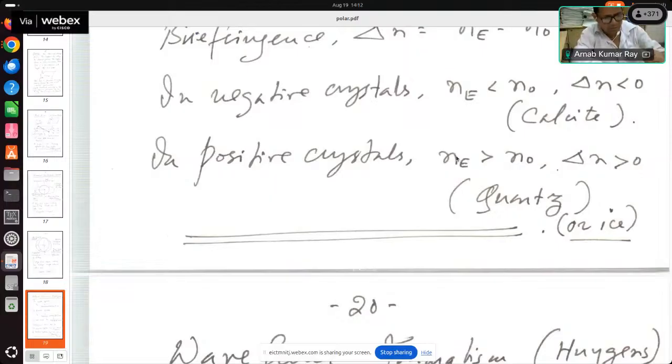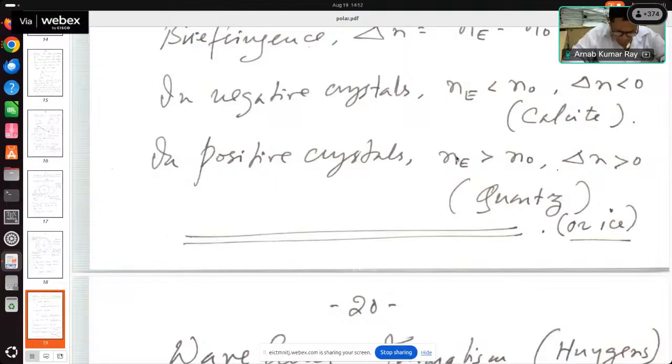I just gave you the basic hint, but of course, I have not been able to work out the Maxwell boundary conditions. But in Jenkins and White's book, there is a reference to P. Drude's book, Theory of Optics, where apparently the full mathematical treatment has been provided. Anyway, that was the first question. I hope I have been able to give some satisfaction to the person who asked this question.